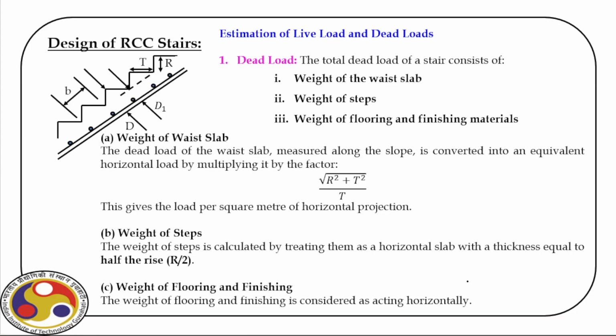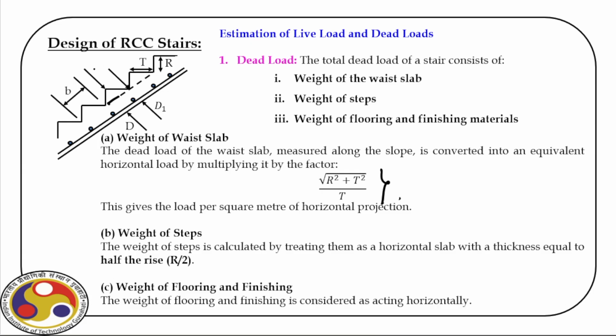Now, the question is how we can calculate the weight of the waist slab. As you can see here, the dead load of the waist slab measured along the slope is converted into equivalent horizontal load by multiplying this factor. So what we do, we can consider the weight of the waist slab and then convert it using this factor.